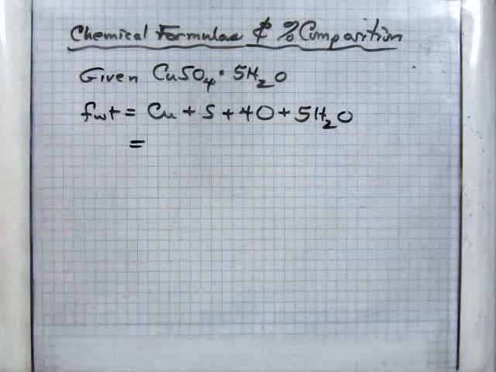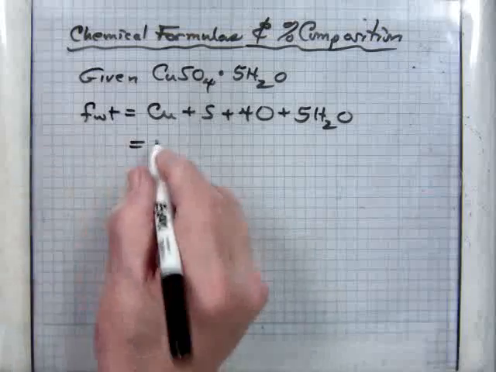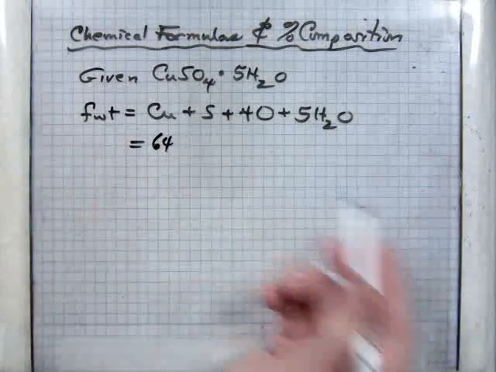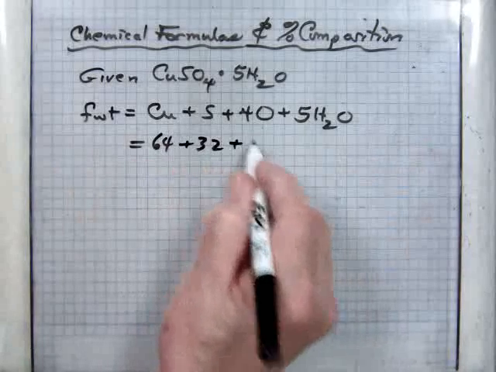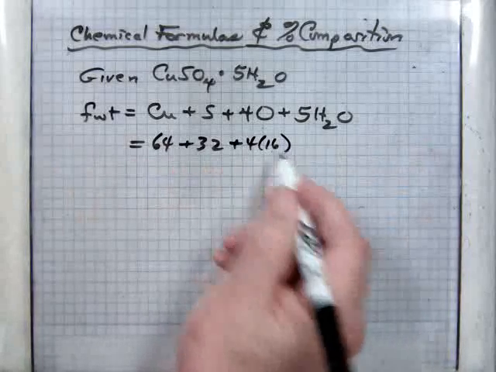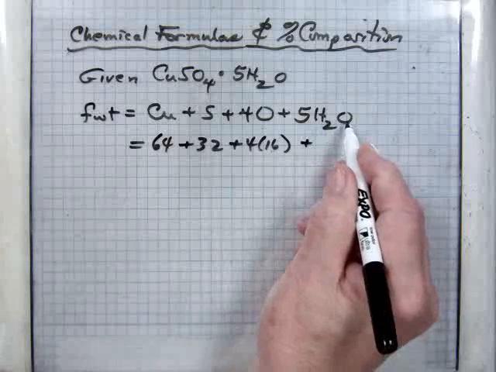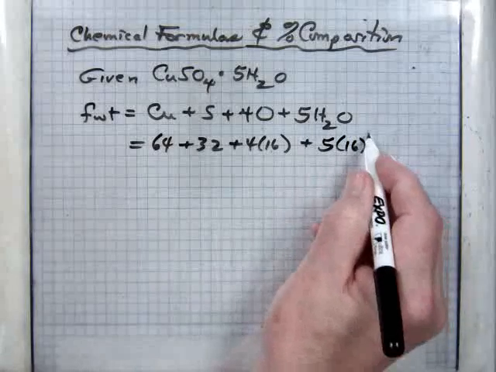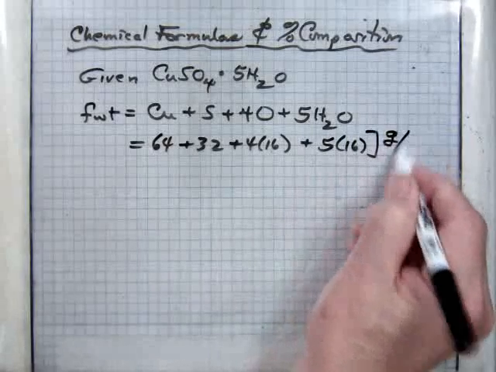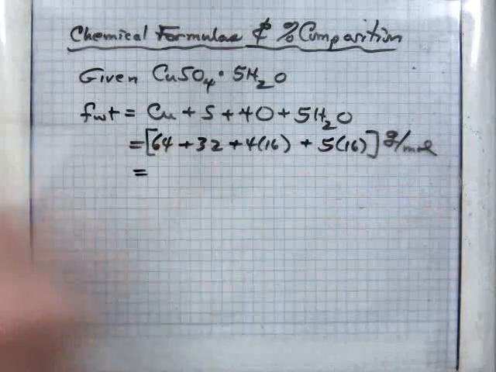And copper, 64 grams per mole, 32 for sulfur, 4 times 16 for oxygen, and water is 18, 16 plus 2. So that's 5 times 18. And we'll tag that grams per mole. I think that's 250.